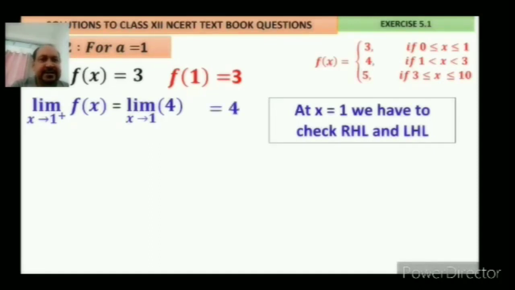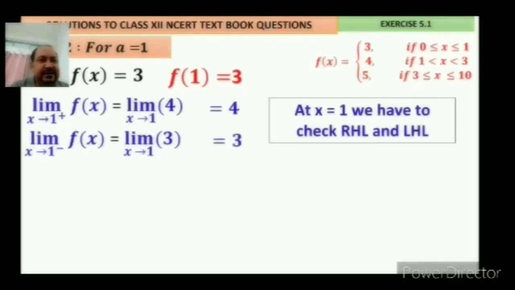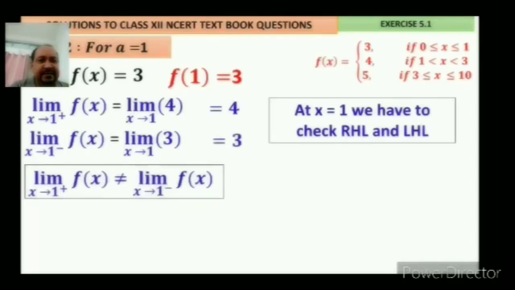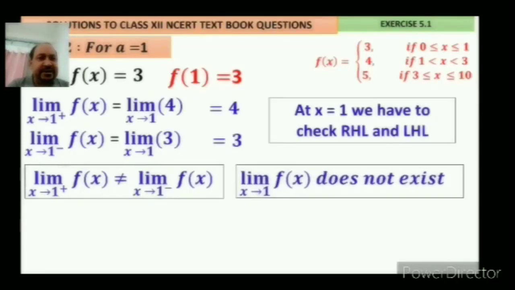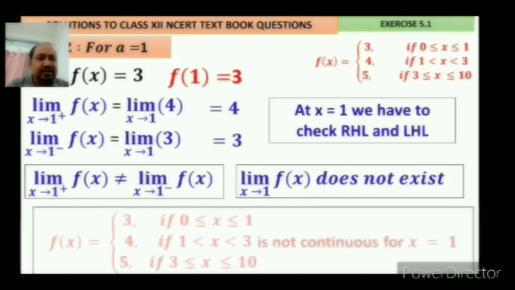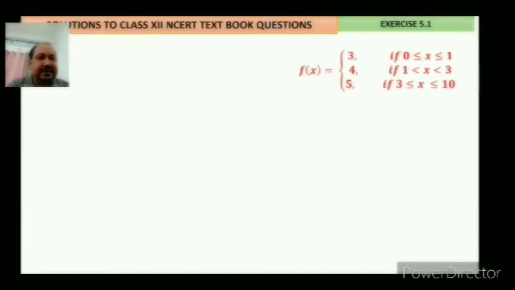The value of the right hand limit is 4 and the value of the left hand limit is 3. Since the right hand limit is not equal to the left hand limit, therefore the function is not continuous at x equals 1.